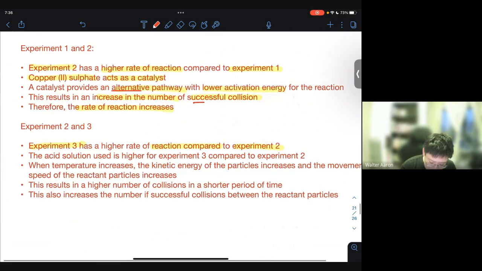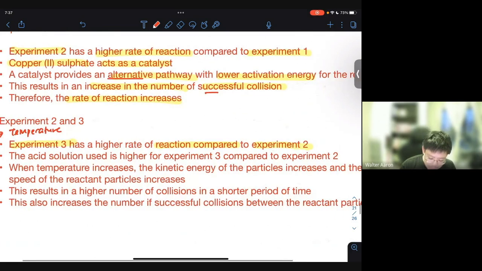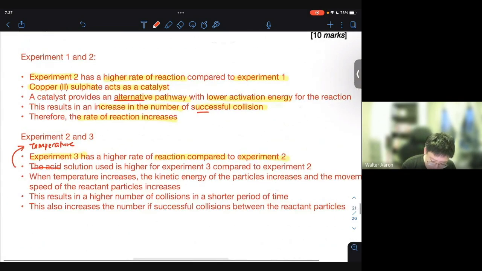For the second point, my mistake, you have to include the word temperature. So what I can say here is that the acid solution used has a higher temperature for experiment 3 compared to experiment 2. I missed out that, so maybe you can just cancel this off.